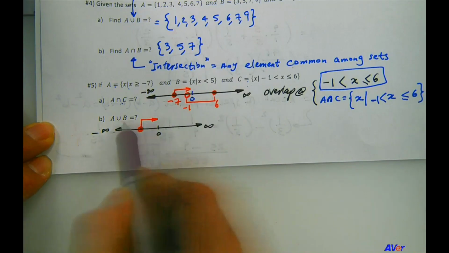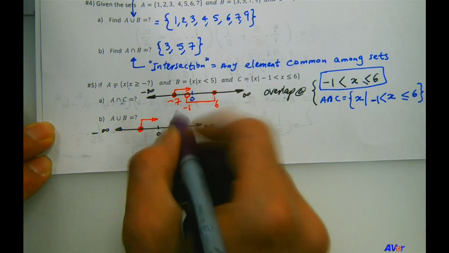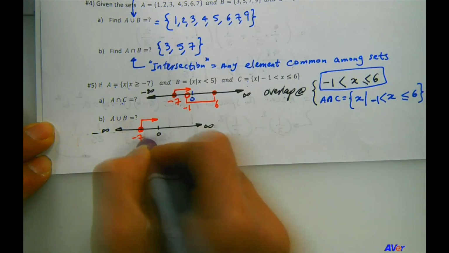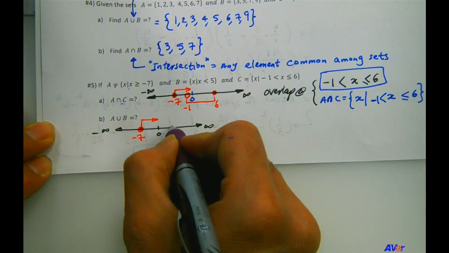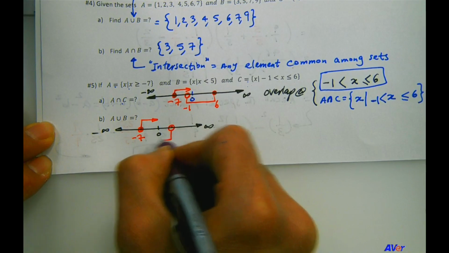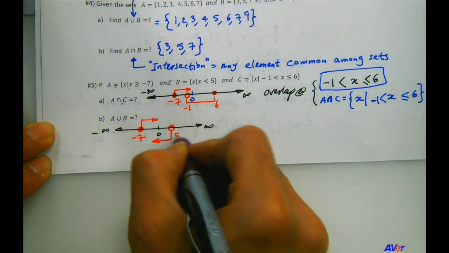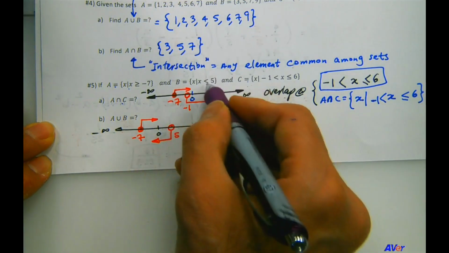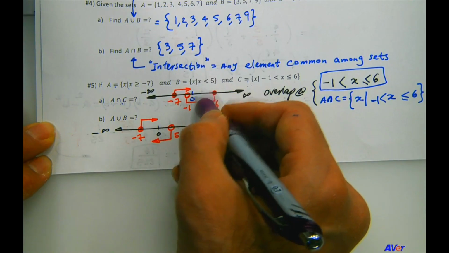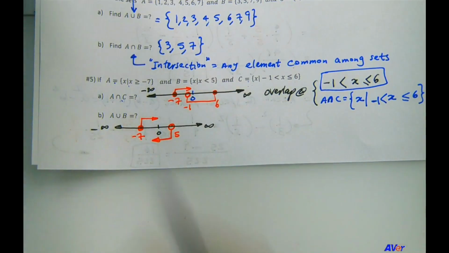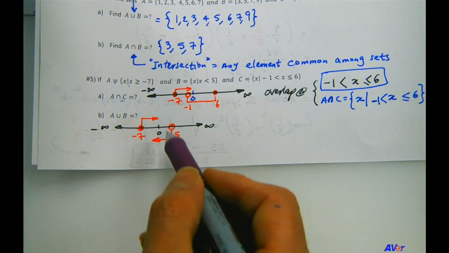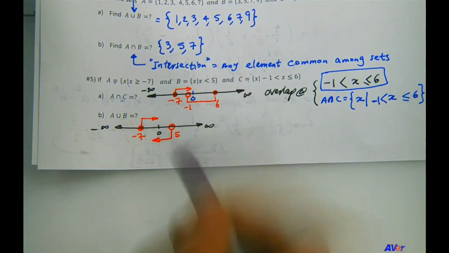And B is anything less than 5, but not equal to 5. So this is going that way, and I have a hollow circle here because X can be anything less than 5. So A union B is basically all of that.